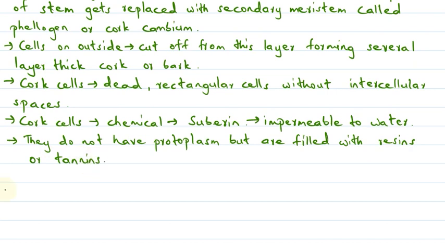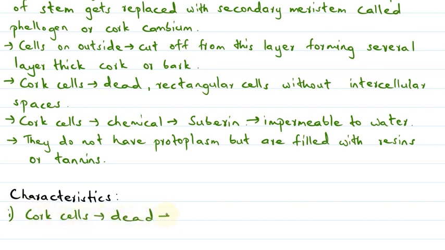Now let's see what are the characteristics of cork cells. First, the cells of cork are dead at maturity.